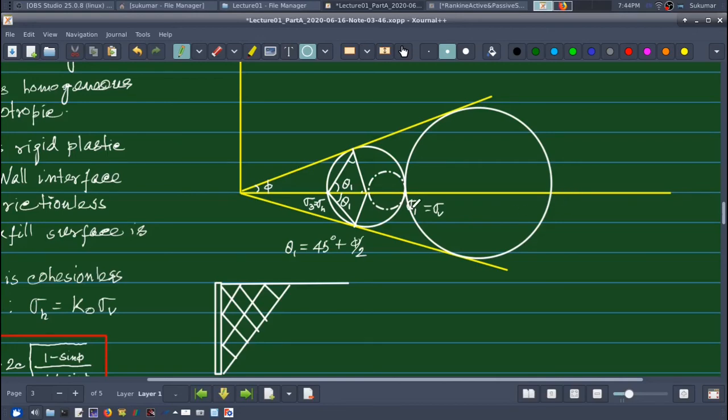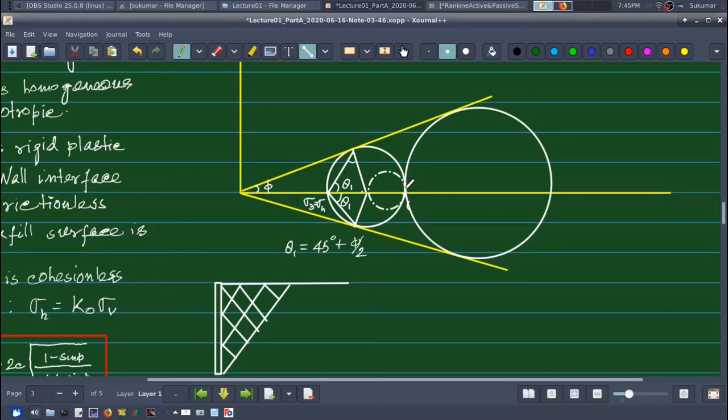So these values, let me write it. I'm sorry. For the active case, this is my sigma 1, or let me call it sigma z for the time being.